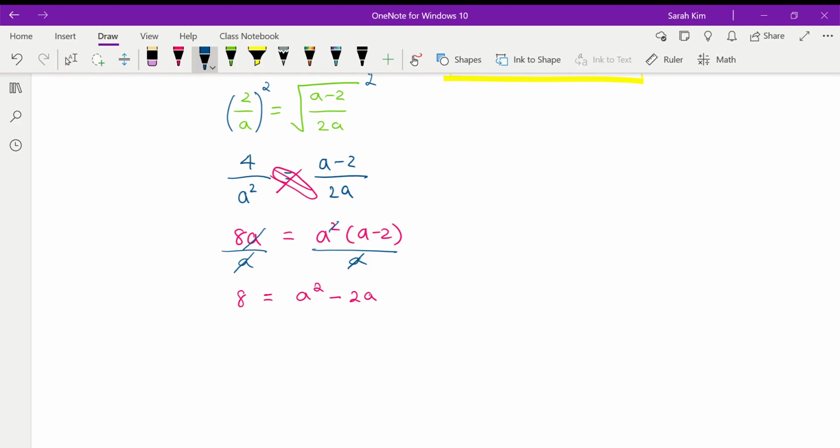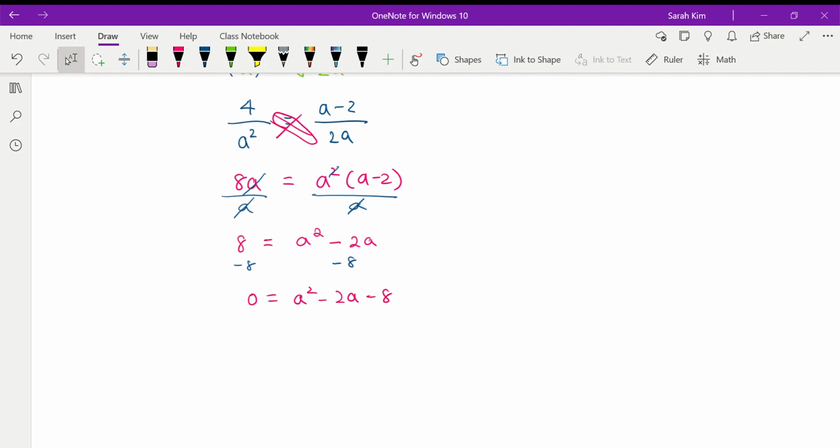Okay, so I have almost everything on one side, so just do minus 8 on both sides. Therefore 0 equals a squared take 2a minus 8, and that's the equation I need to solve in order to find a. I'm going to use sum and product. So that's my product, it's going to be 2 times 4, 1 times 8.